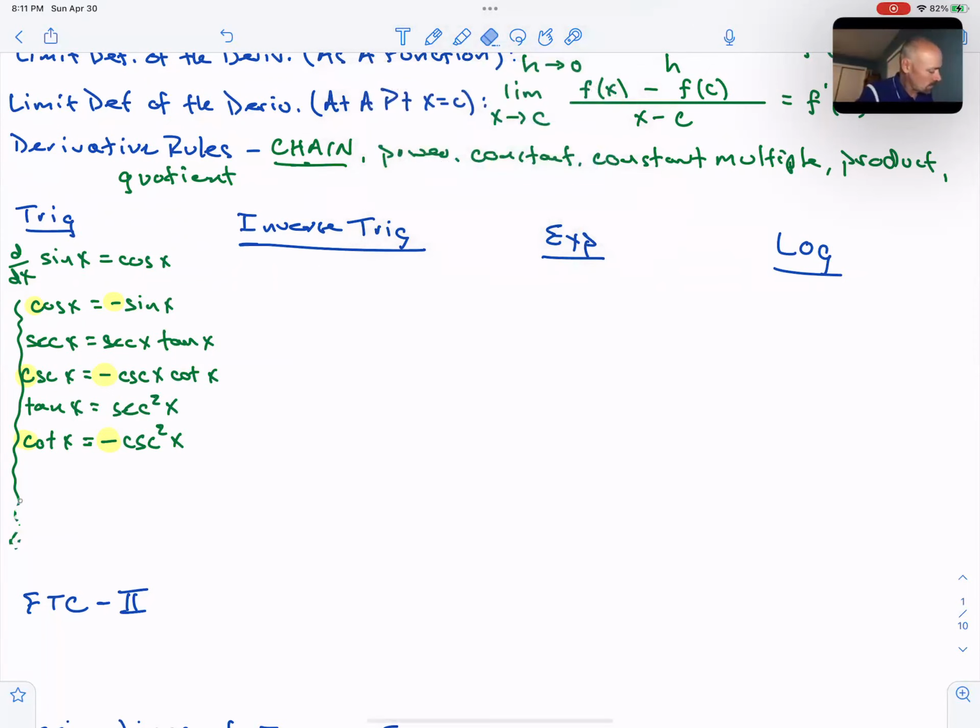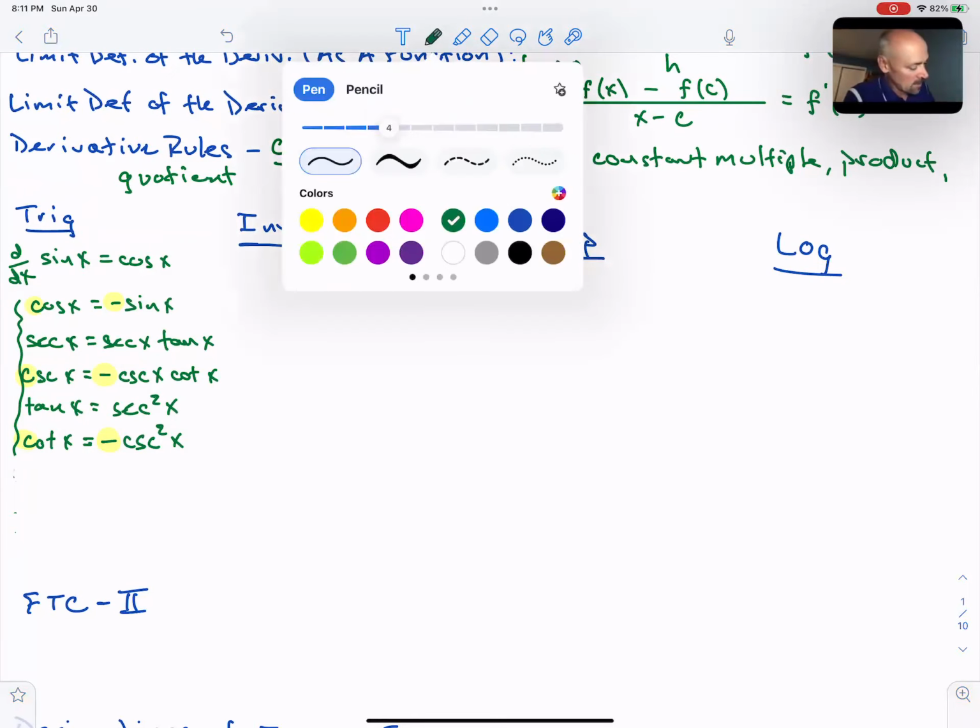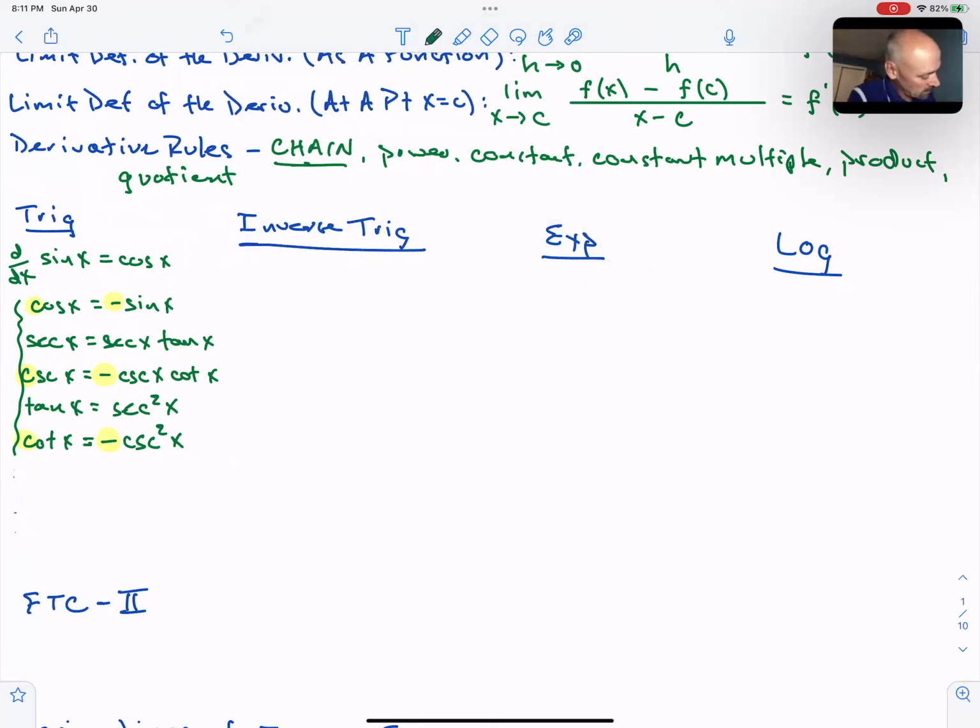So those are the derivatives of the 6 trig functions. Okay. We also need to know the derivatives of the 6 inverse trigonometric functions. So here we go on those. So again, d dx for all these. Now it's going to be inverse, or arcsine.